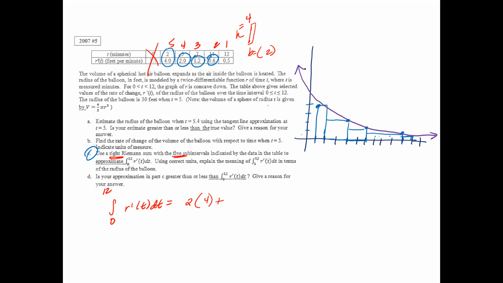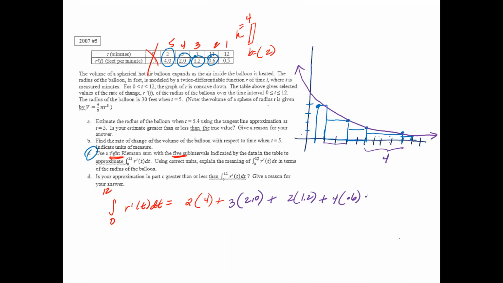So when I'm looking at this part to find the intervals of it, I will have my first one, which is 2 times 4 plus 1, 2, 3, 3 times 2.0 plus 2 times 1.2 plus 1, 2, 3, 4, 4 times 0.6 plus 1 times 0.5, which if you go ahead and add everything together, gives you 19.3 feet.